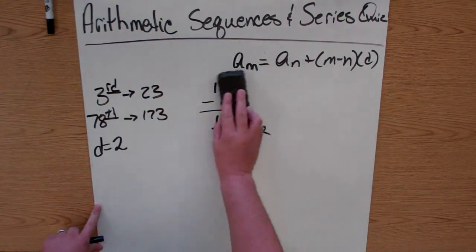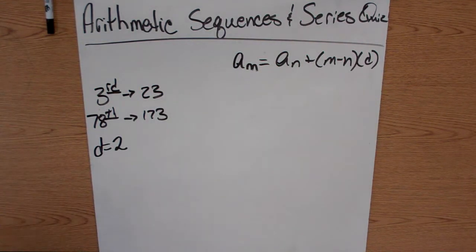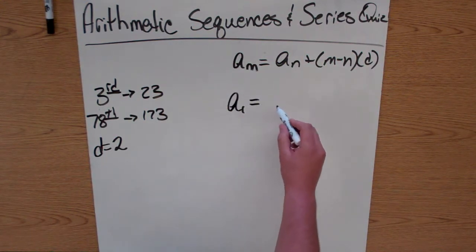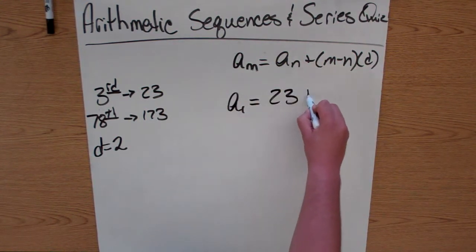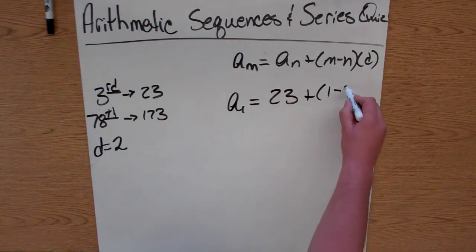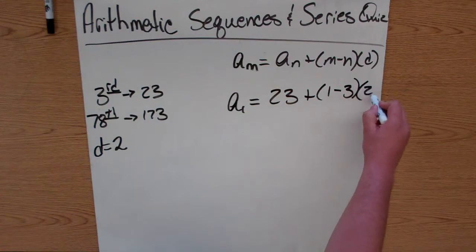All right, so now that we have that, we can simply find our first term. A sub 1 equals 23 plus, since we're looking for our first term, negative 3 times our difference, which is 2.